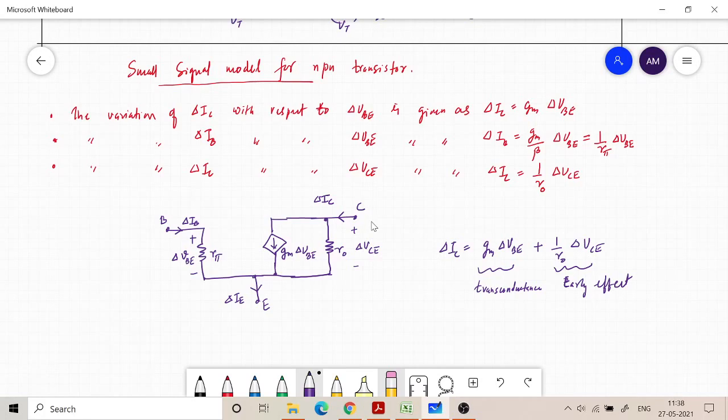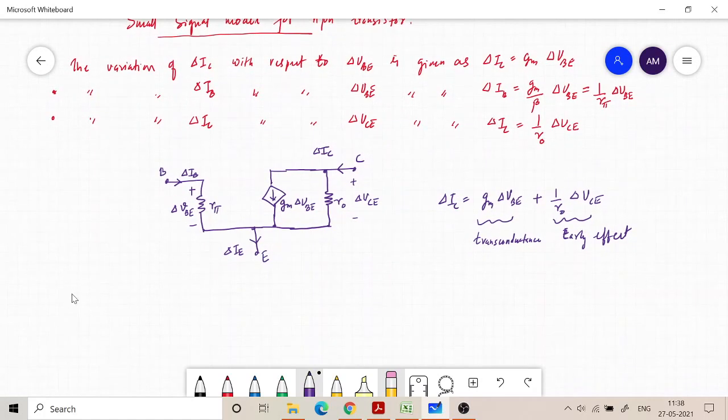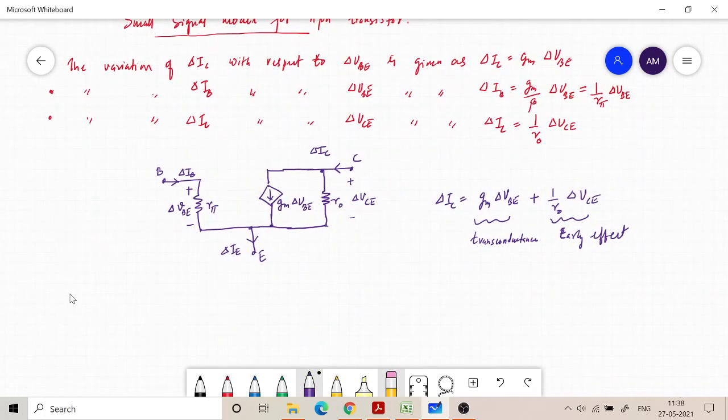Whenever there is an NPN transistor in a circuit, you can replace it with this small signal model. What is the value of these parameters GM and R pi? GM is determined by IC by VT, where this IC is the large signal current, or I should say the DC current in this case.